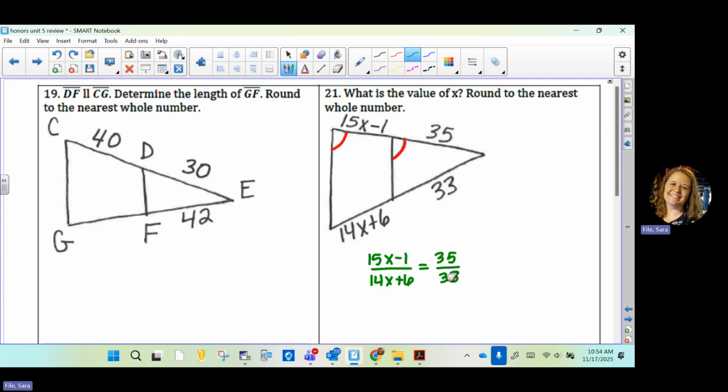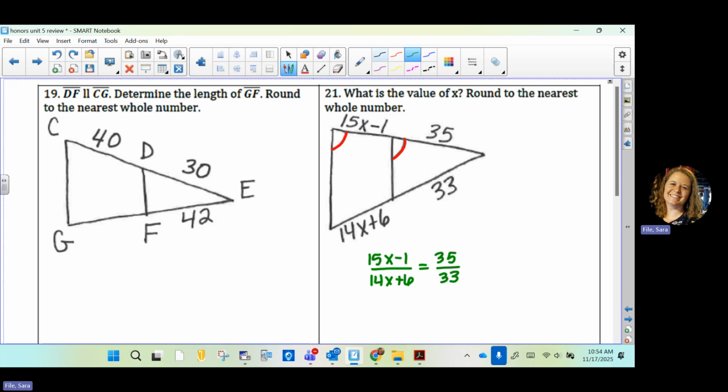That is not the only way I could set up the proportion. I went top left to bottom left, top right to bottom right. I could have gone top left to top right, bottom left to bottom right. Or you could have completely just flipped both of these and gotten the reciprocals. So there's like 4 different ways you could set up this proportion and it will work out the same.